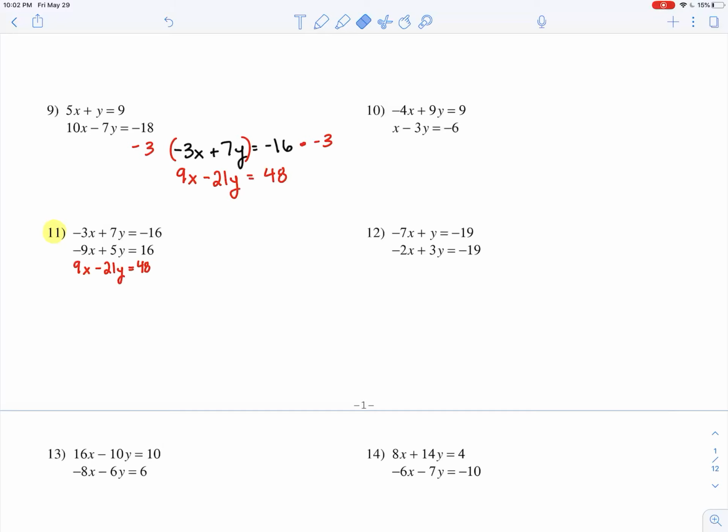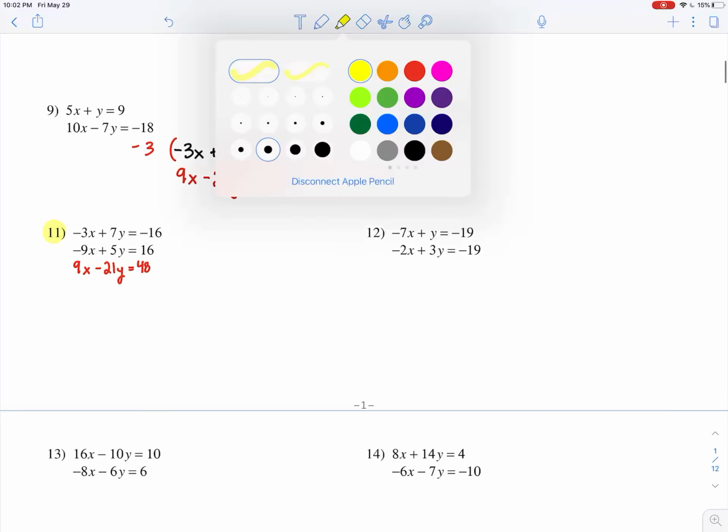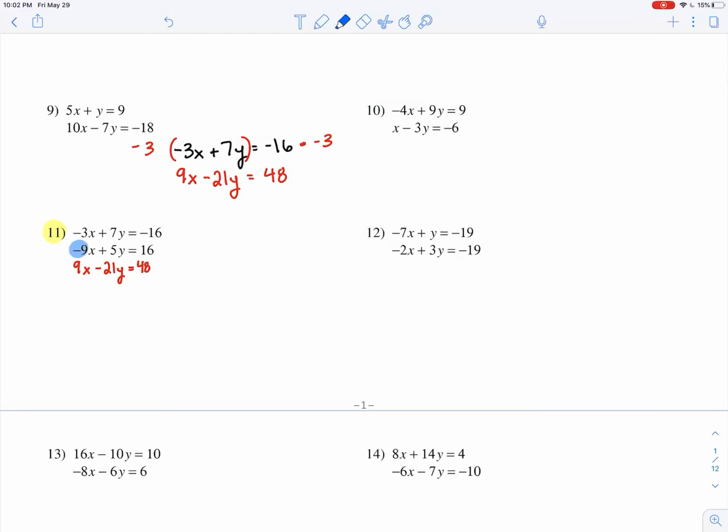Now I have a system of equations where I can easily eliminate one of the variables. I'll highlight it here. I can eliminate this -9x with this +9x here. To eliminate them, I'm going to add them together: the left sides of my equations together, and the right sides together.